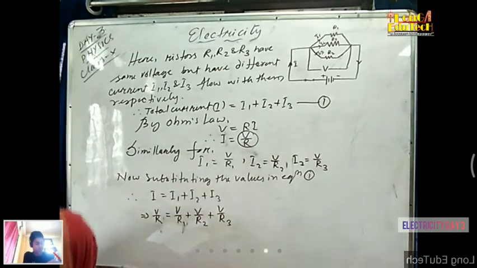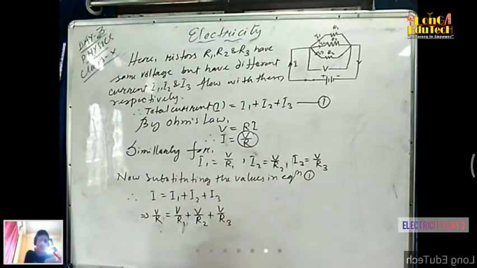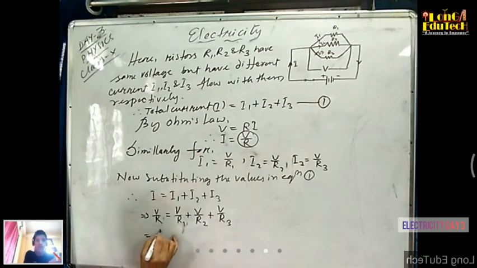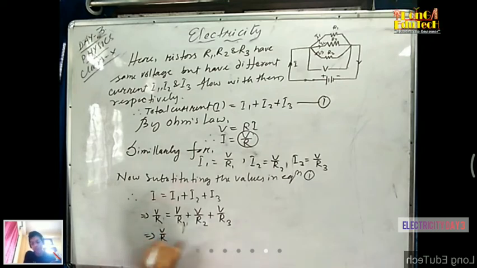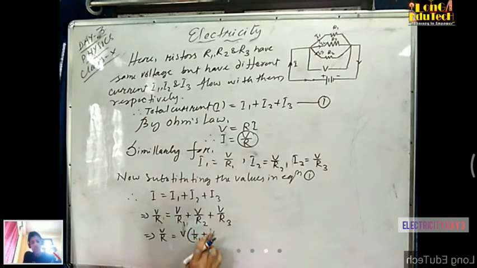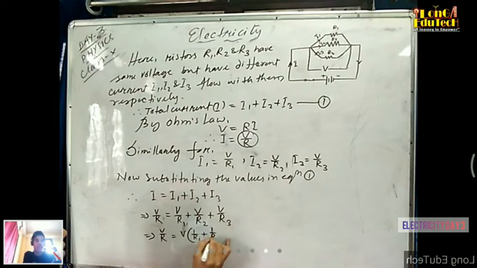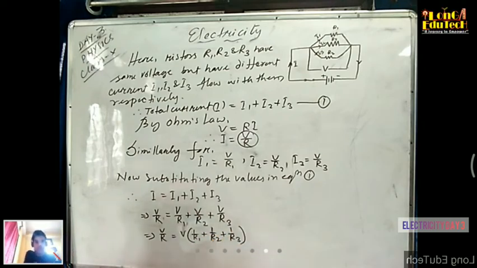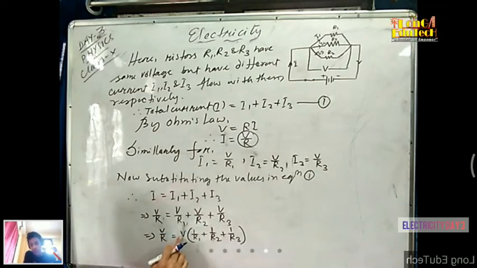What is common here? V is common, so we take V common: 1 by R1 plus 1 by R2 plus 1 by R3.